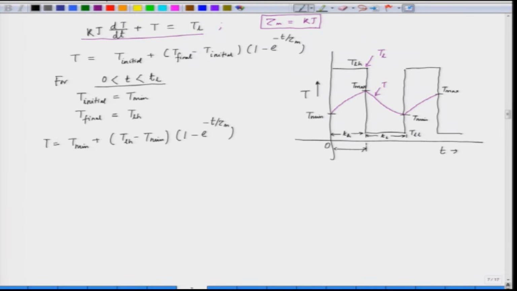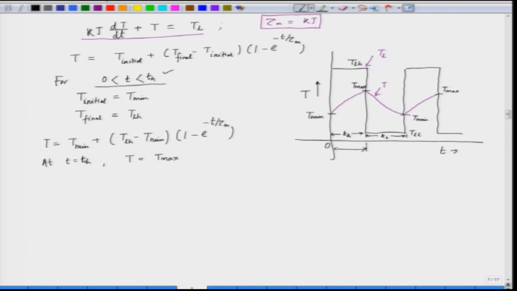This equation is applicable for t between 0 to T L. So, at t equal to T h, we get T is equal to T maximum.